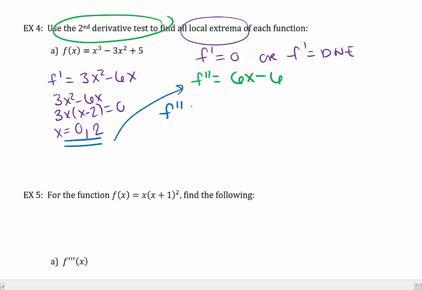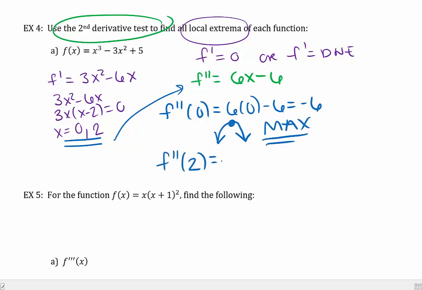So if I plug in x equals 0, I end up getting negative 6. A negative number tells me the function is concave down there, and so x equals 0 has to be a maximum. If I plug in x equals 2 into that second derivative, I get positive 6. The fact that it's a positive number tells me the function is concave up at that point, and so x equals 2 has to then be a minimum.